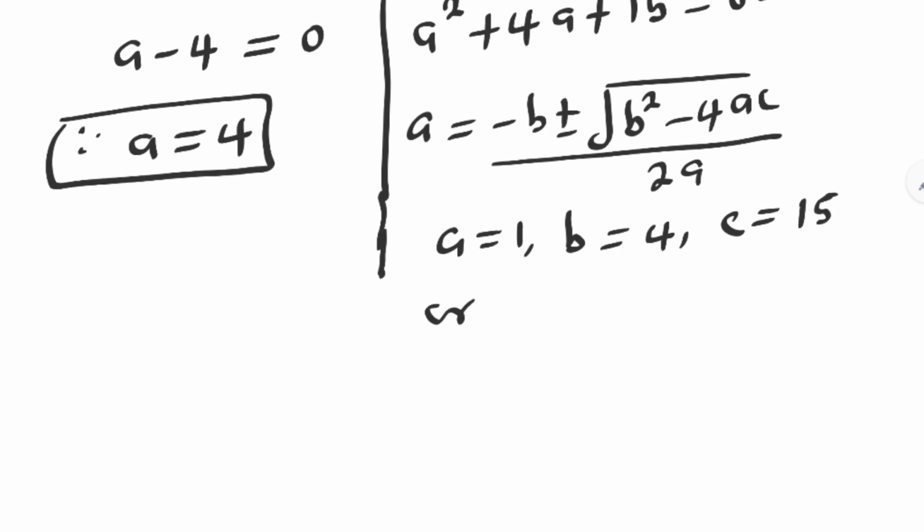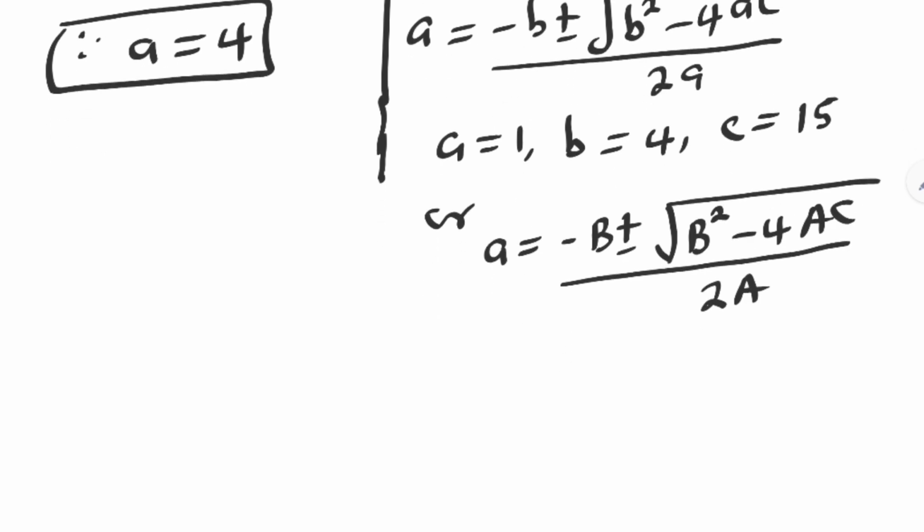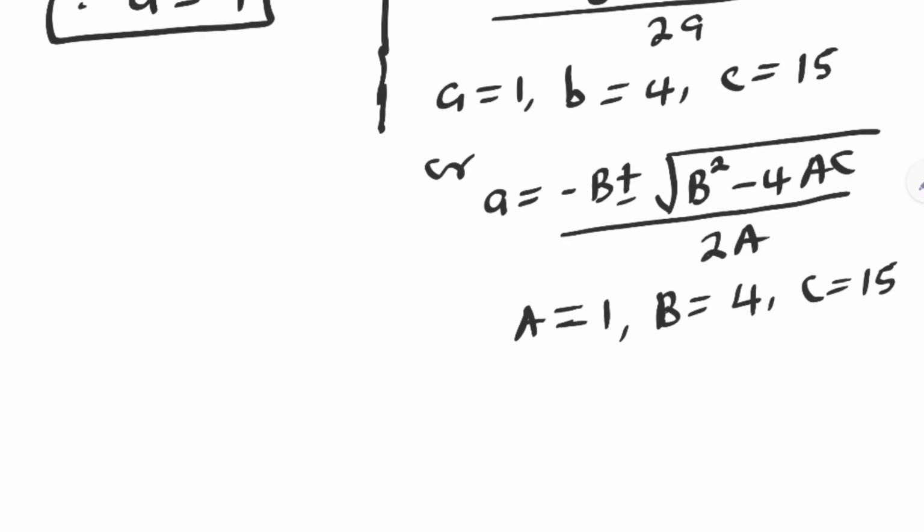Or you may write it in this form: a is equal to minus b plus or minus square root of b squared minus 4ac over 2a. Then we have a is equal to 1, b is equal to 4, and c is equal to 15.